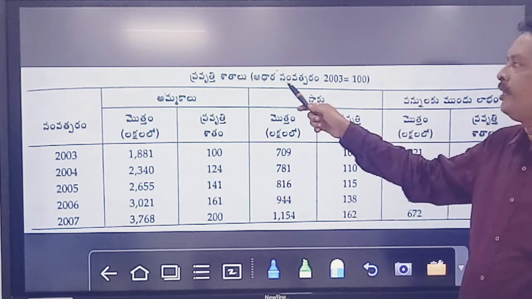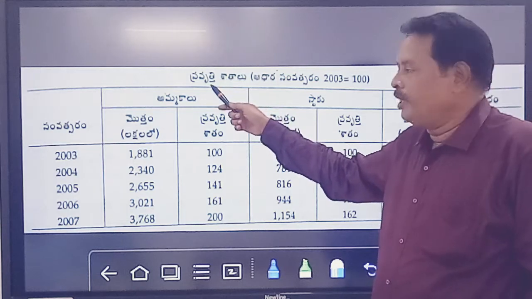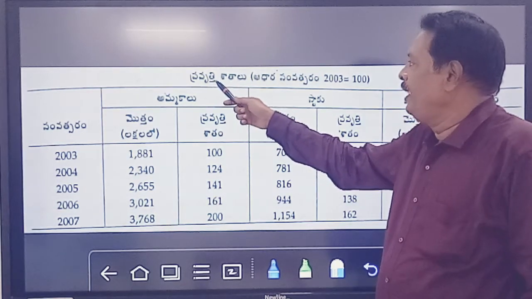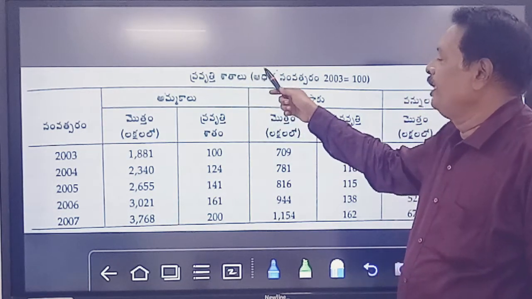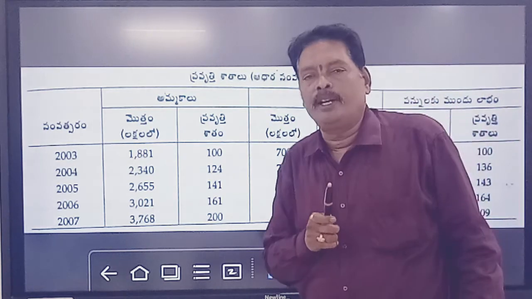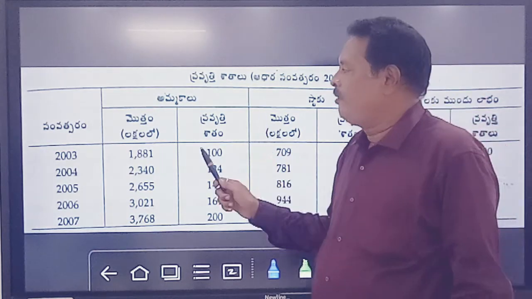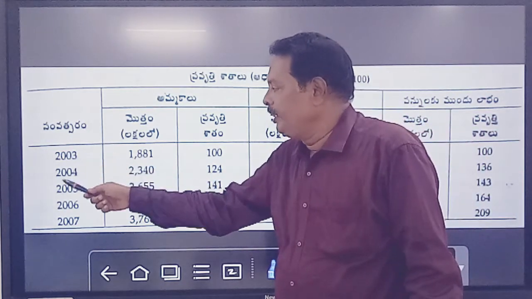About this statement, the student must write this heading: trend percentages, in brackets, base year. Each and every student must carefully observe this point. The 5 years given are 2003, 2004, 2005, 2006, 2007.